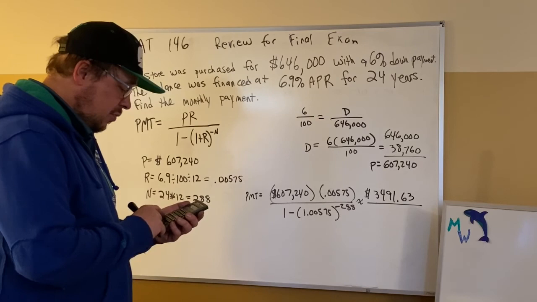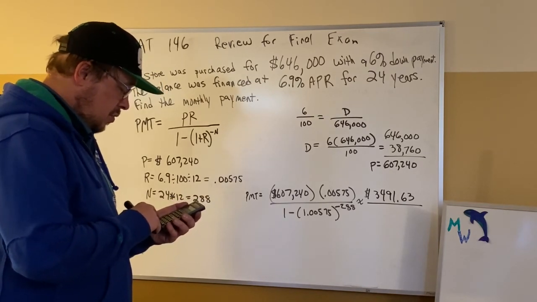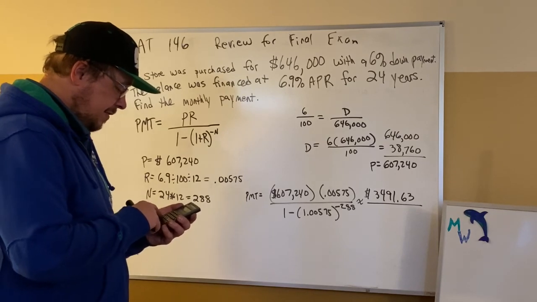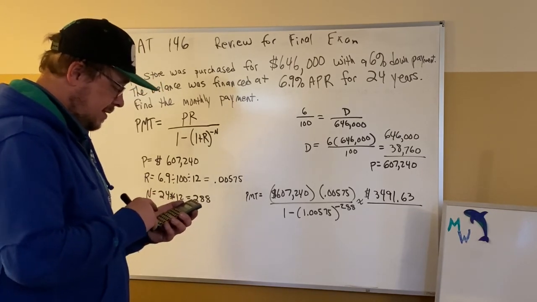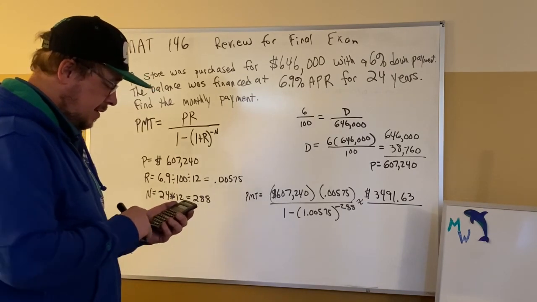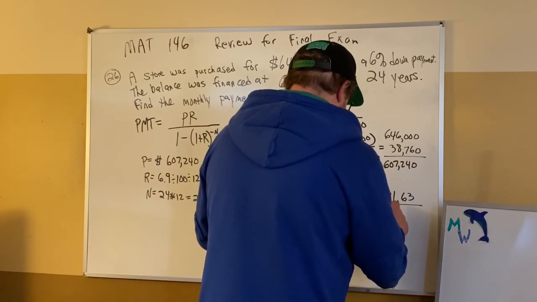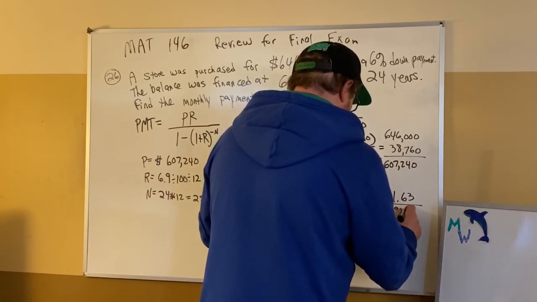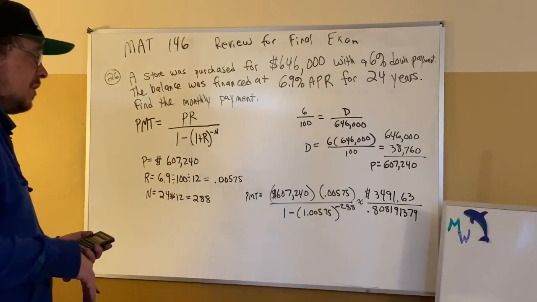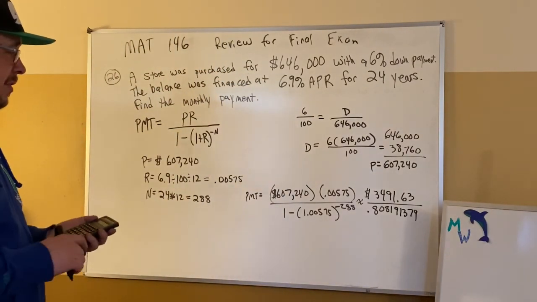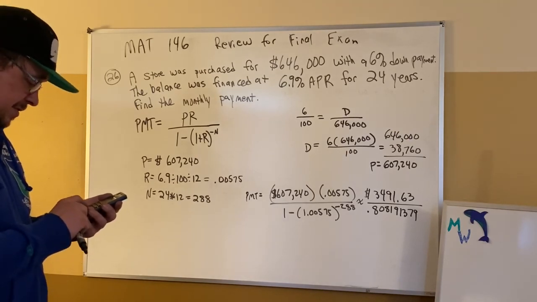In the denominator, I have 1 minus 1.00575 to the power of negative 288. And that whole denominator makes for me 0.808191379, and there may be more to it. So what I'd like to do is take the top and divide by as much as I can get for decimals on the bottom. So I'll go ahead and set up that division.